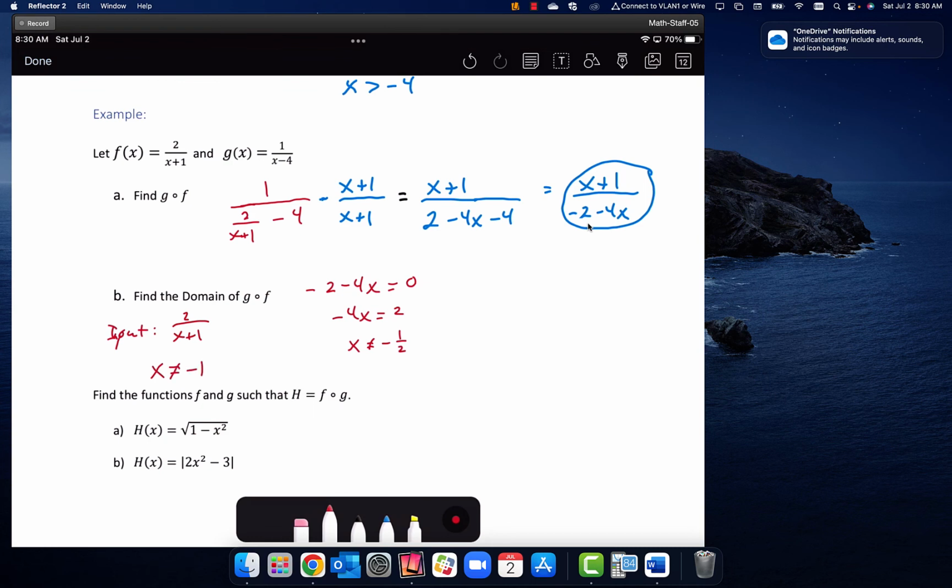Negative 1 gives you division by 0, which is a problem. So our interval, everything up to negative 1, then negative 1 to negative 1/2, then negative 1/2 to infinity.